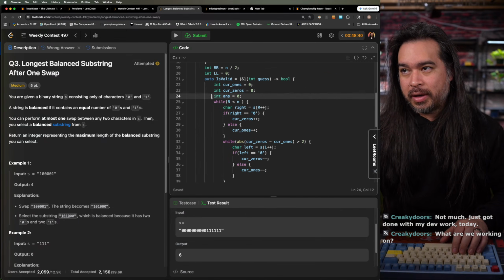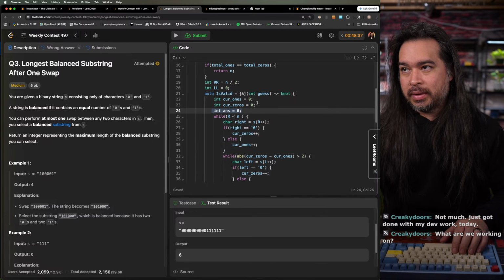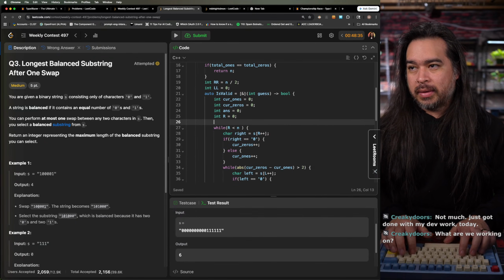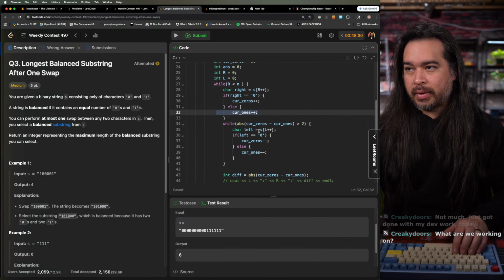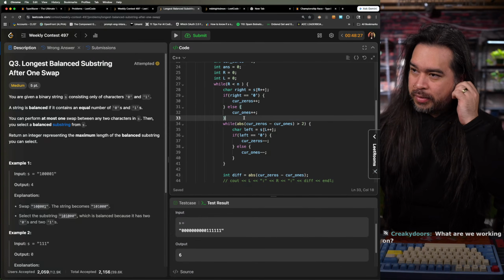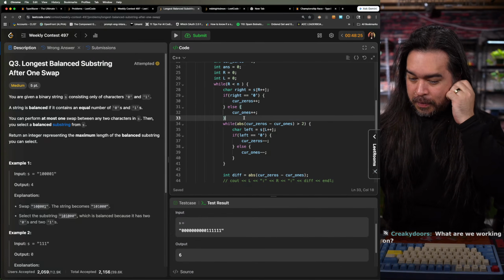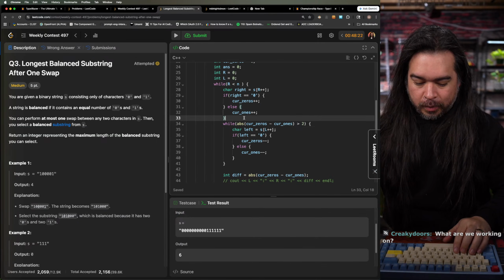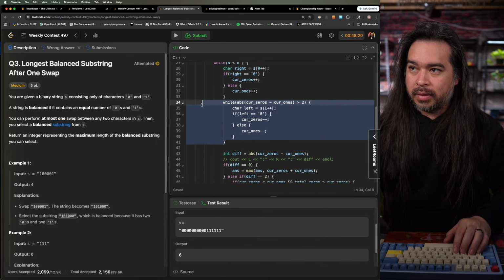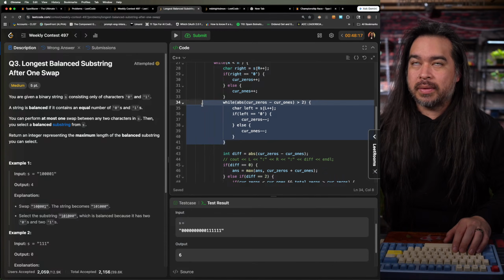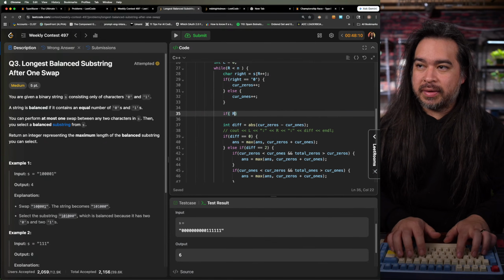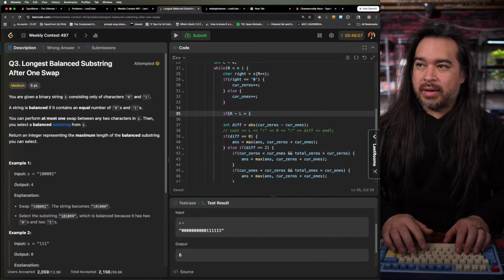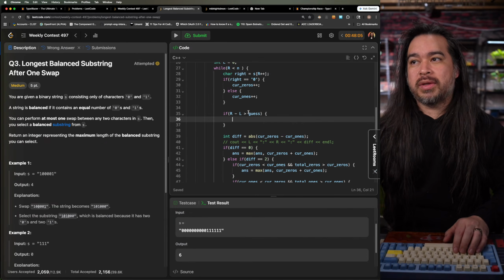All right, so I'm counting those. Let me think about this. I'll just say, all right, if our window size is greater than our guess, that means we gotta shrink it.